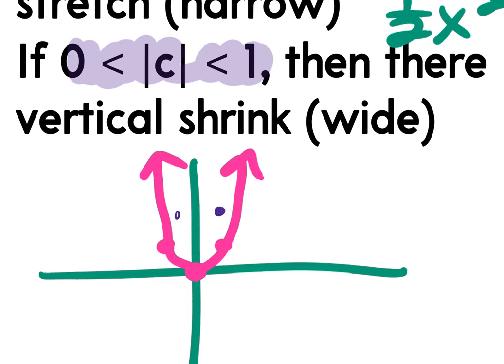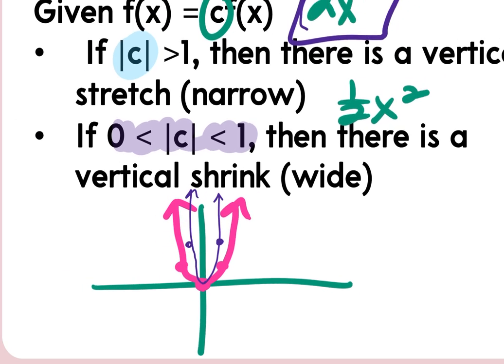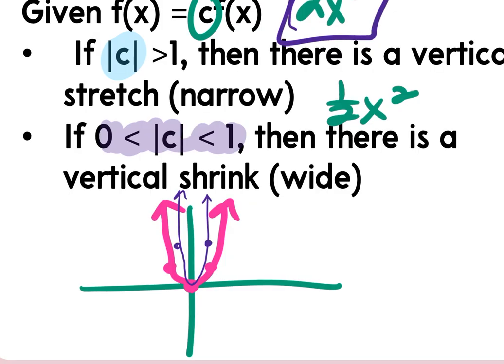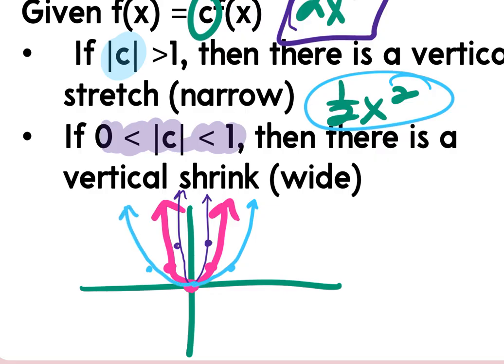So it's going to make it more narrow. And if I wanted to graph the 1/2 on this same graph, then instead of going up 1 and out 1, I go up 1 and out 2. And it makes it more wide.